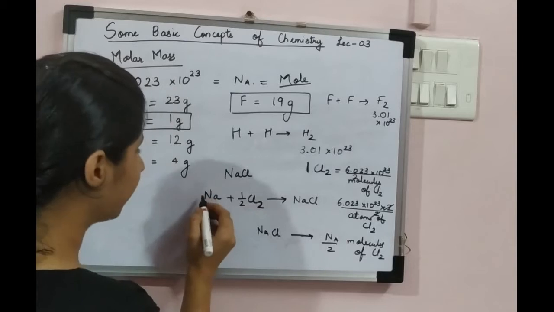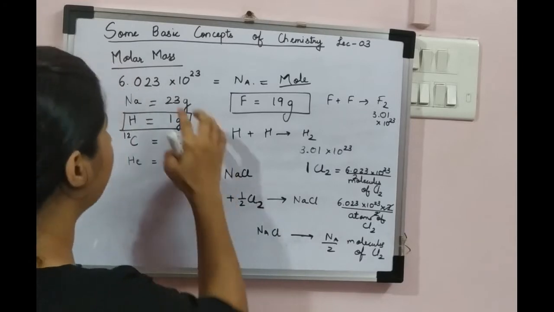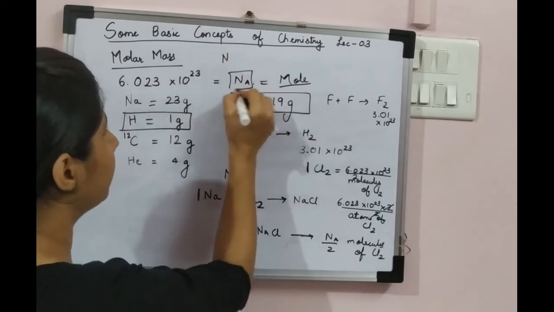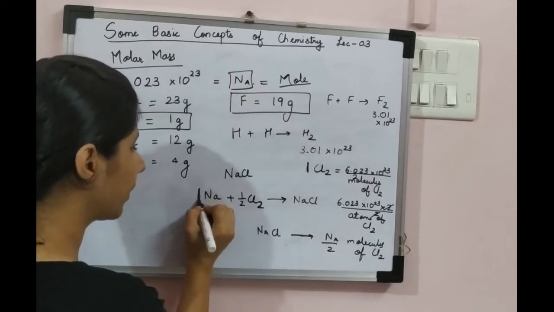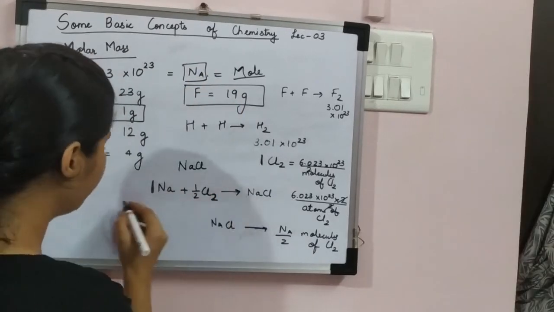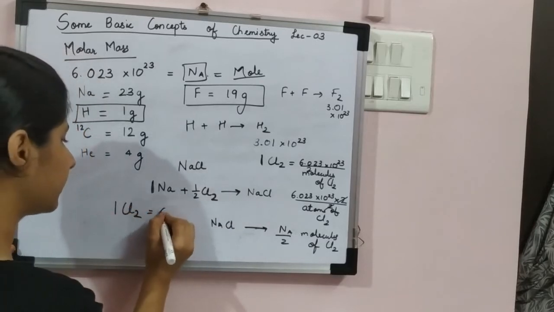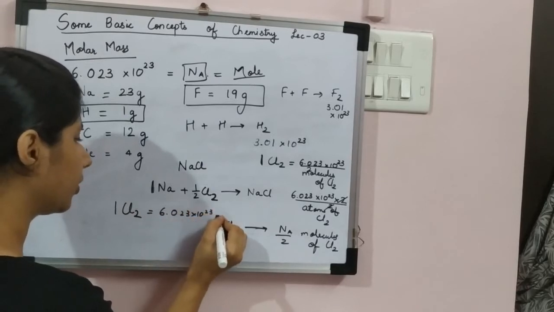Now if I have any number of sodium atoms, the Avogadro number, which is written as Na, this number is what I am calling Na, the Avogadro number. So the Avogadro number means 1 mole. So 1 mole of chlorine is 6.023 into 10 to the power 23 molecules of chlorine.